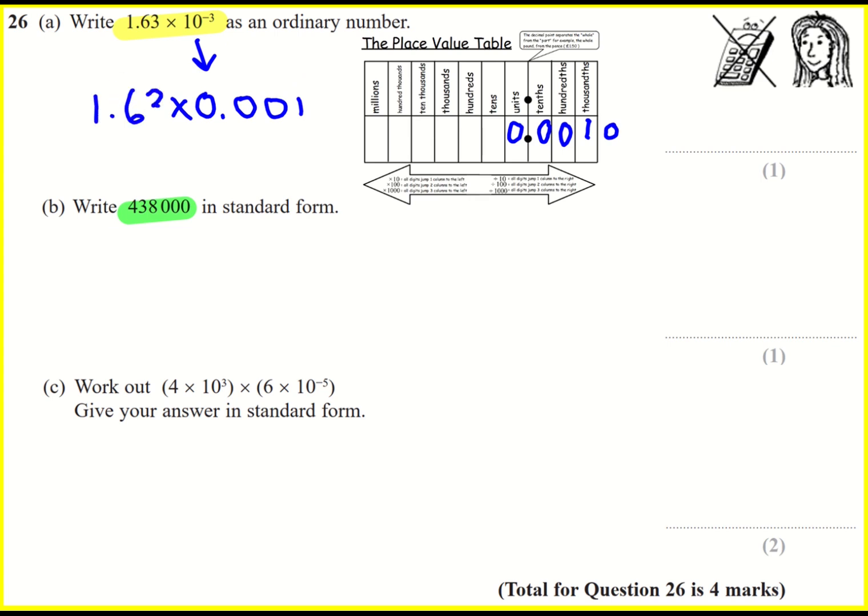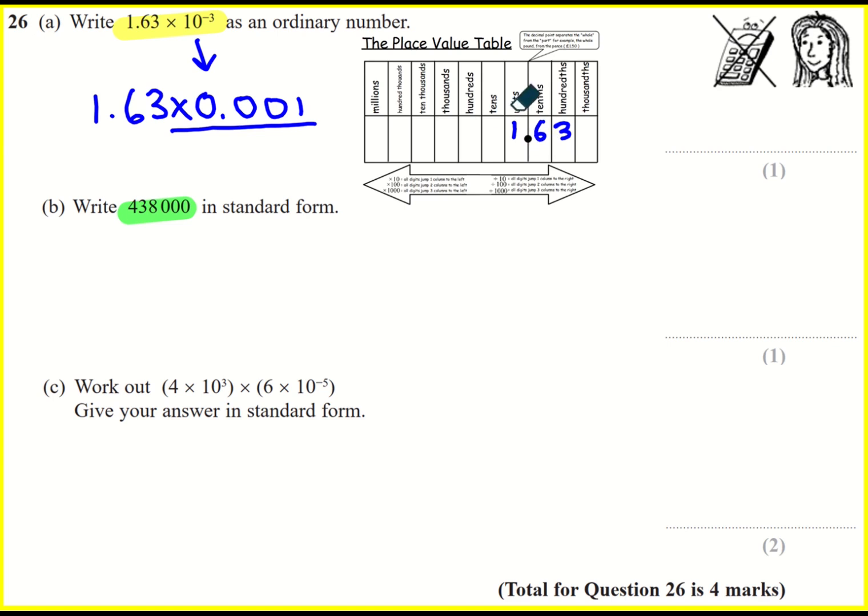And if we are multiplying by that, the effect is this, and I'll show you. So you've got 1.63, and the effect of multiplying by 0.001 is that that number, 1.63, jumps 3 columns to the right.